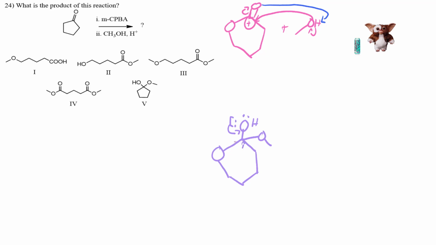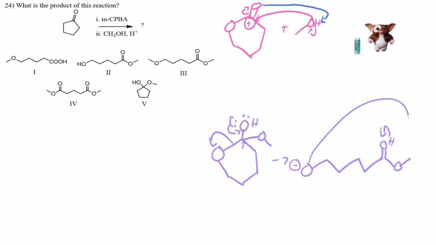It doesn't like it, so it's going to break out towards this oxygen. Therefore, we will have this guy right here. We have 1, 2, 3, 4, 5. And this 5th carbon has a double bonded oxygen with an alcohol. I'm sorry, it has a double bonded oxygen with a hydrogen. And that guy. Okay. Now, as you can see, this hydrogen can leave. And this oxygen is going to take that hydrogen. So we have this guy.